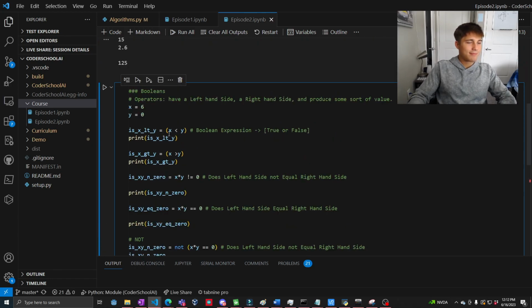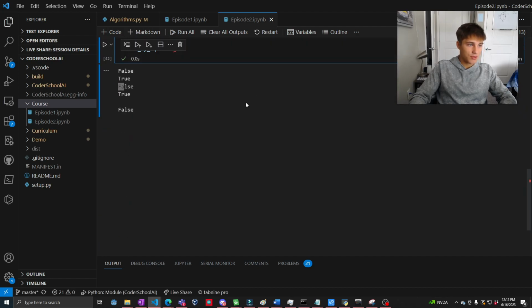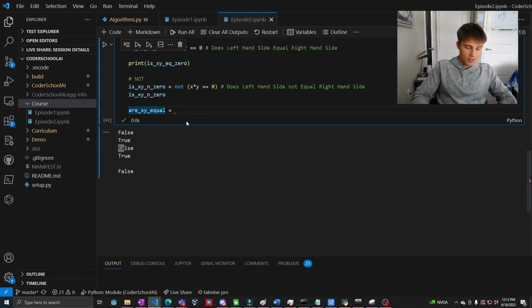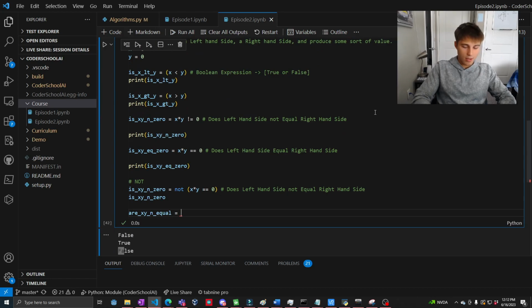Well, I know there's a lot of stuff here, so I'm going to try to dial this back a little bit. Well, if x is greater than y, or if x is less than y, they're clearly not equal. So let's just say not equal. So let's just take those two Boolean expressions that we have up here, right?